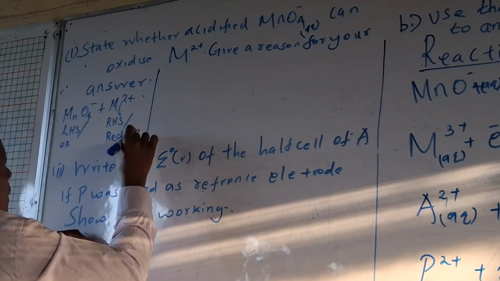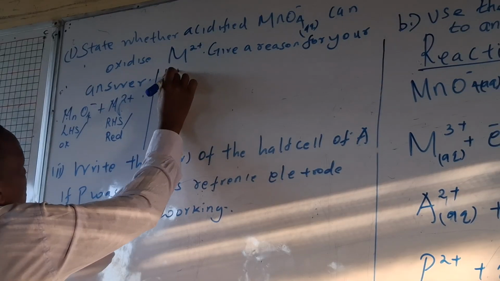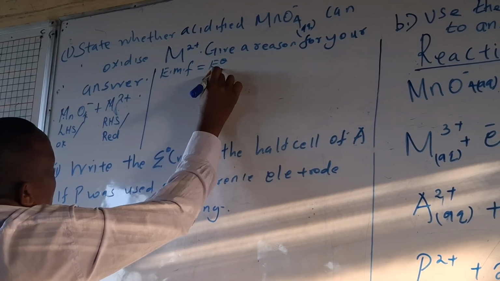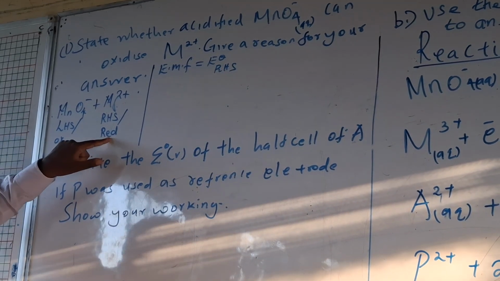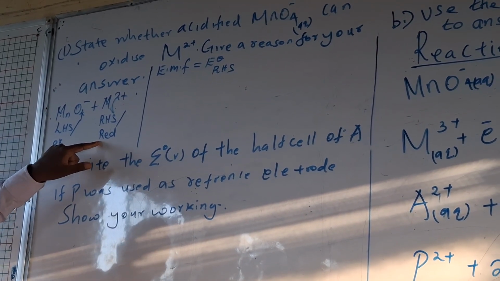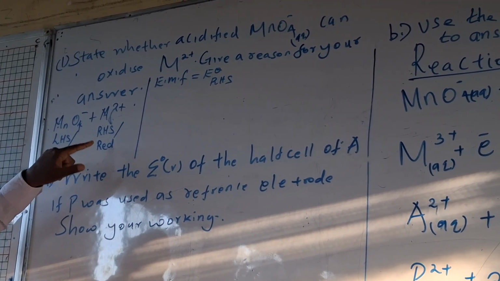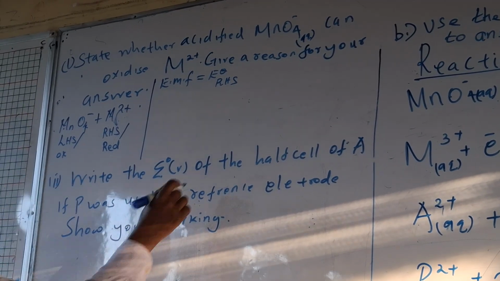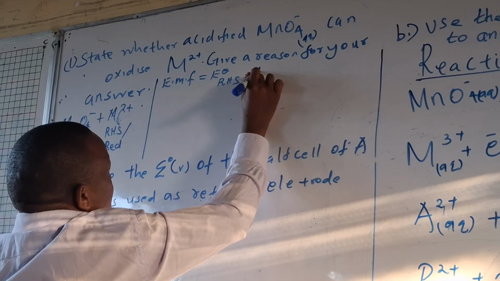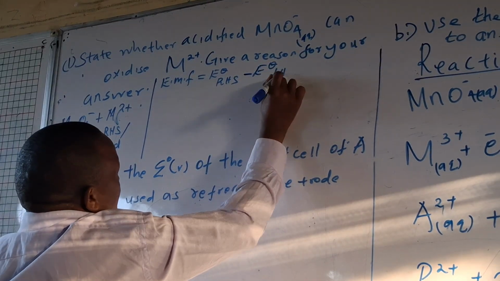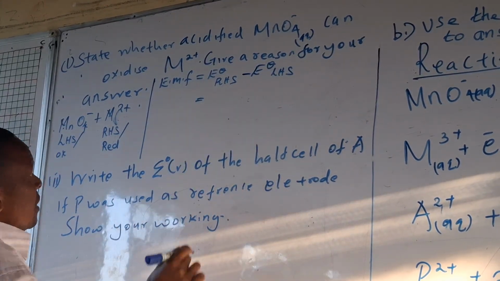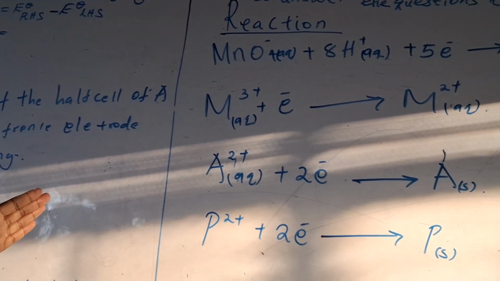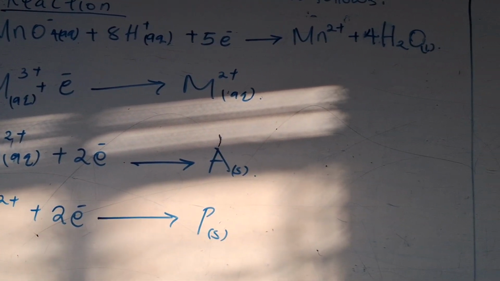What is EMF? EMF is equal to E standard of the right hand side, that is reduction, less E standard of the left hand side, that is oxidation. What is the standard electrode potential of Mn2+?